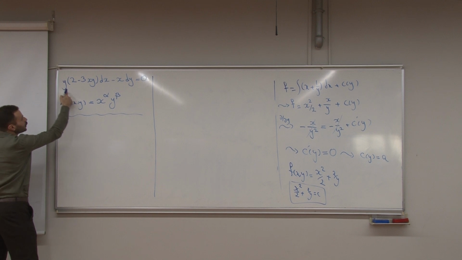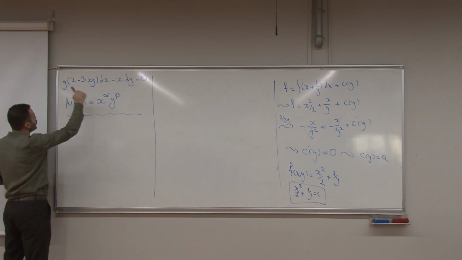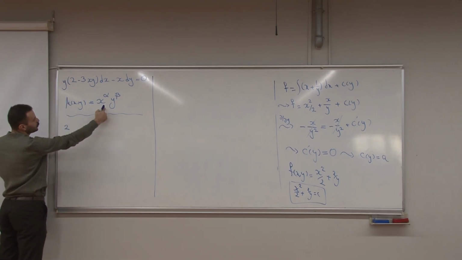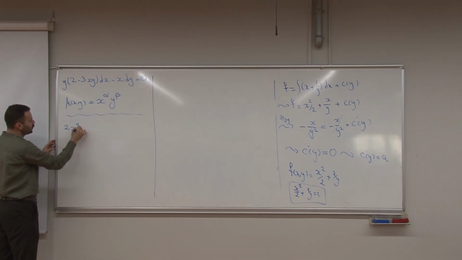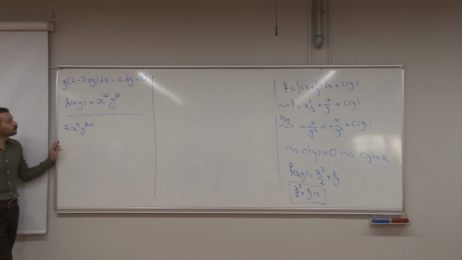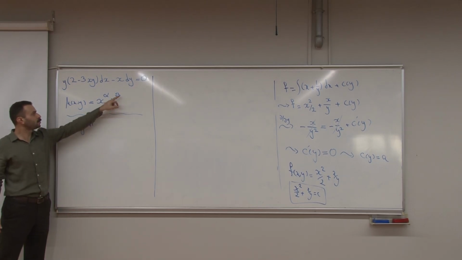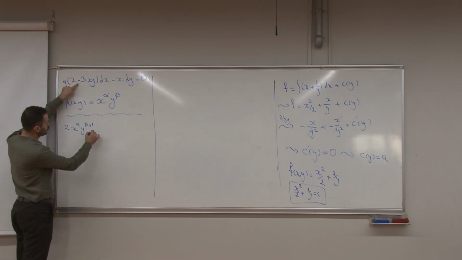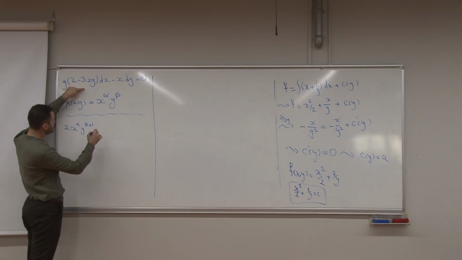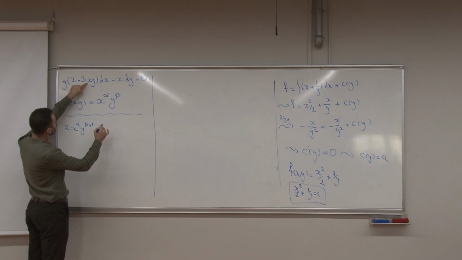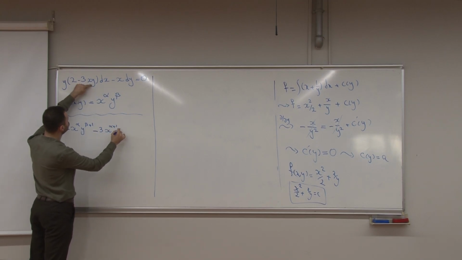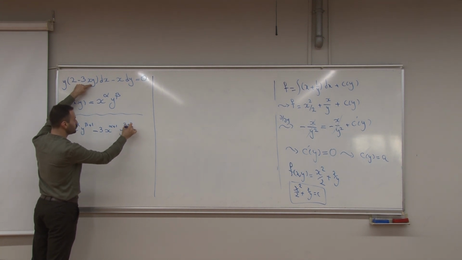Let's check. If you multiply this equation with this expression, what do I have here? I have 2y multiplied by this, so it is x to the power of alpha, y to the power of beta plus 1. I have a y here, and another y to the power of beta coming from here. Minus 3 times x y to the power of 2: it is minus 3 times x from here, alpha x from here, and y to the power of 2 here, so it is y to the power of beta plus 2.